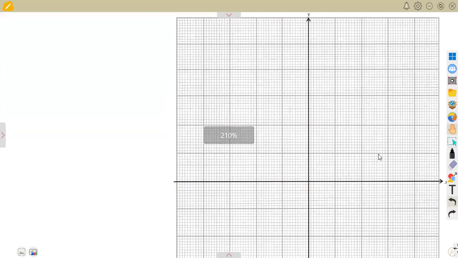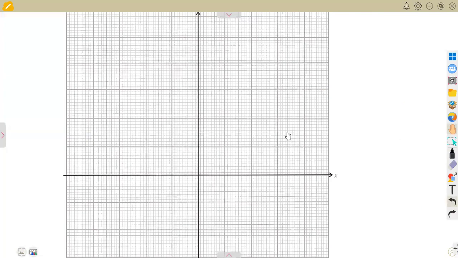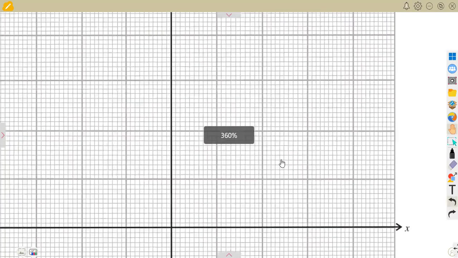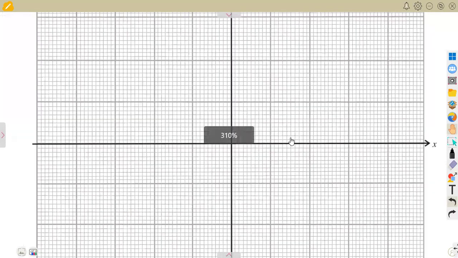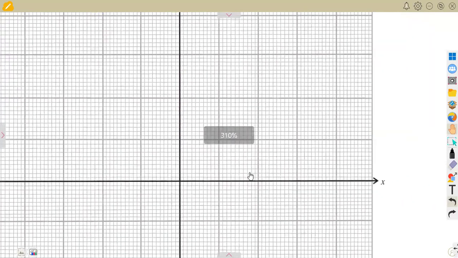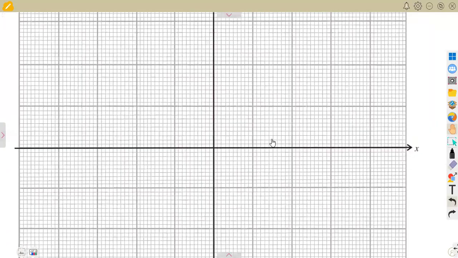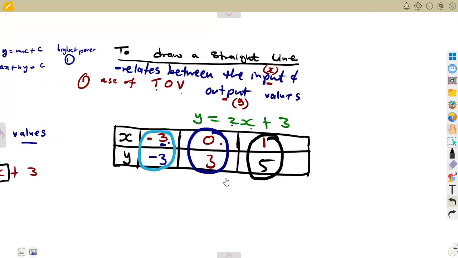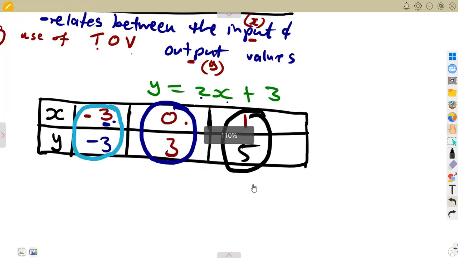But on a straight line, we've got other methods, which we can even refer to in revisions, just for the basics of understanding other methods that you can use. But the table of values is the best.